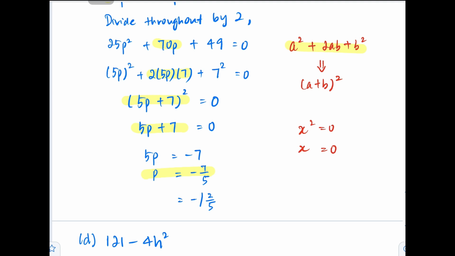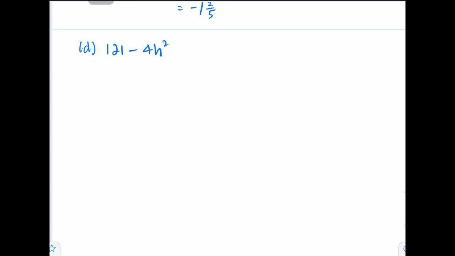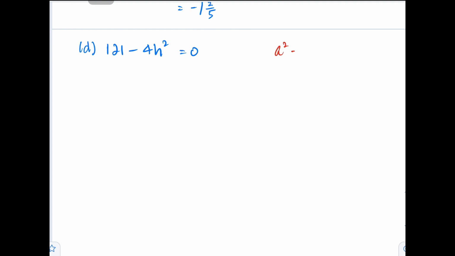Okay, now let's move on to one last example. I have 121 minus 4h squared. Now can you see that this equation that I need to solve is very similar in form to a squared minus b squared on the left hand side, and this can be factorized to a plus b times a minus b, right?